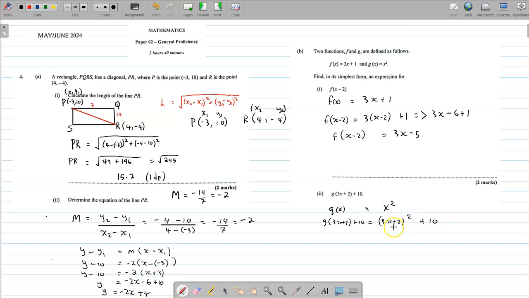Upon expanding this and simplifying it, what we would get there is 9x squared plus 12x plus 4 plus 10, and that gives us 9x squared plus 12x plus 14. Now, you should know how to expand this and simplify it, so I just write down the equivalent of that. So here ends question 4.